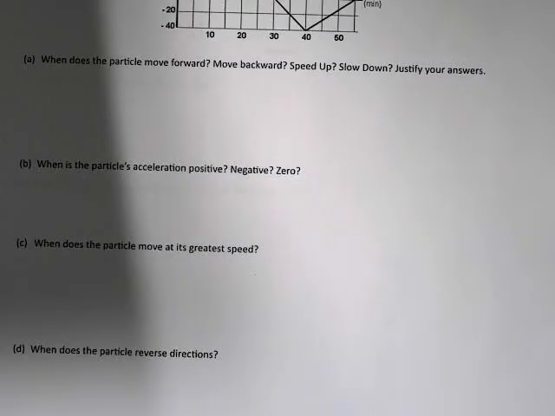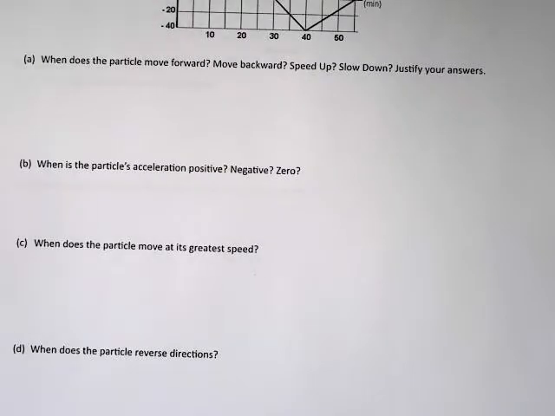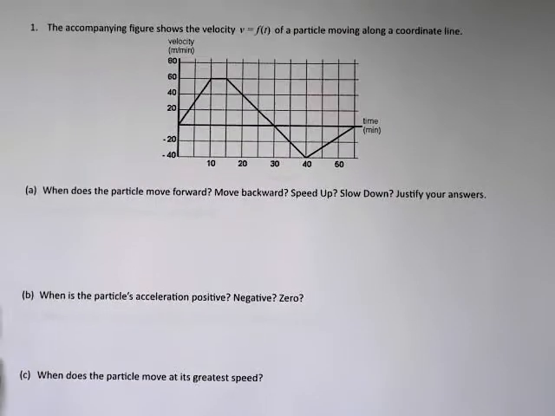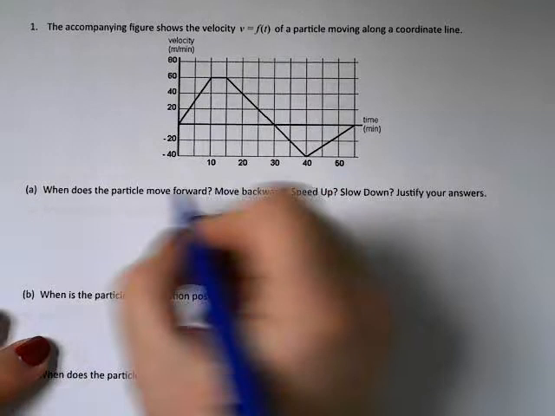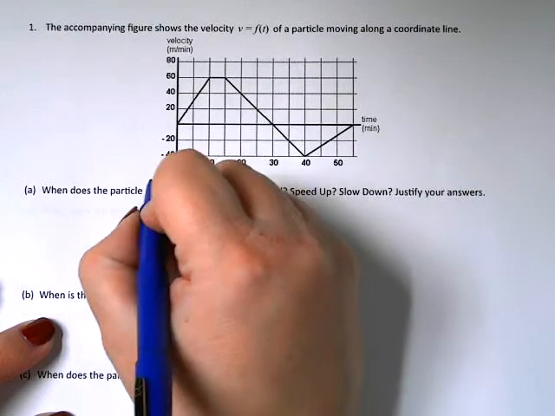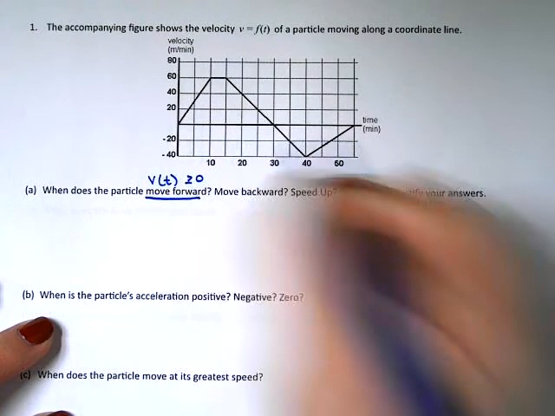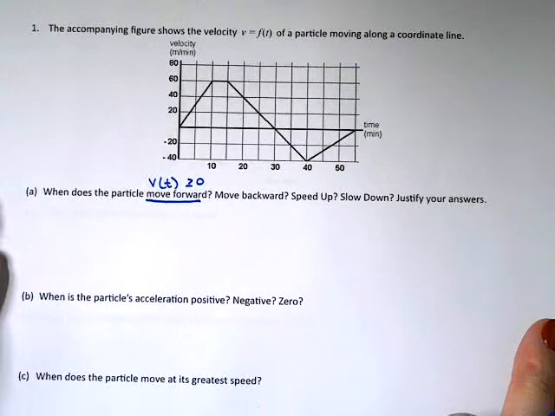All right, we're going to do one example together, and then we're going to save the last one to do together in class. The accompanying figure shows the velocity of a particle moving along a coordinate line. We want to know, when does the particle move forward? If we're looking for the particle to move forward, it means we want the velocity to be greater than or equal to 0, so anything above the x-axis.